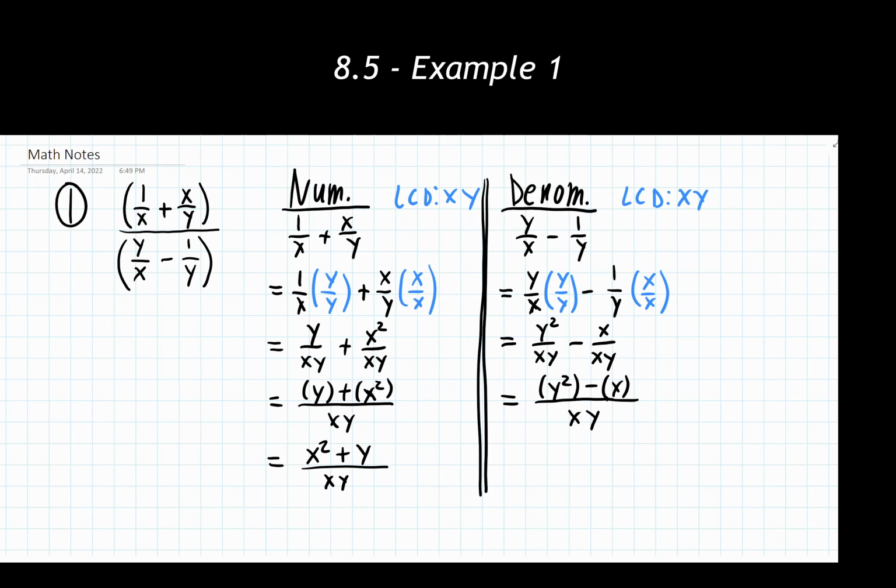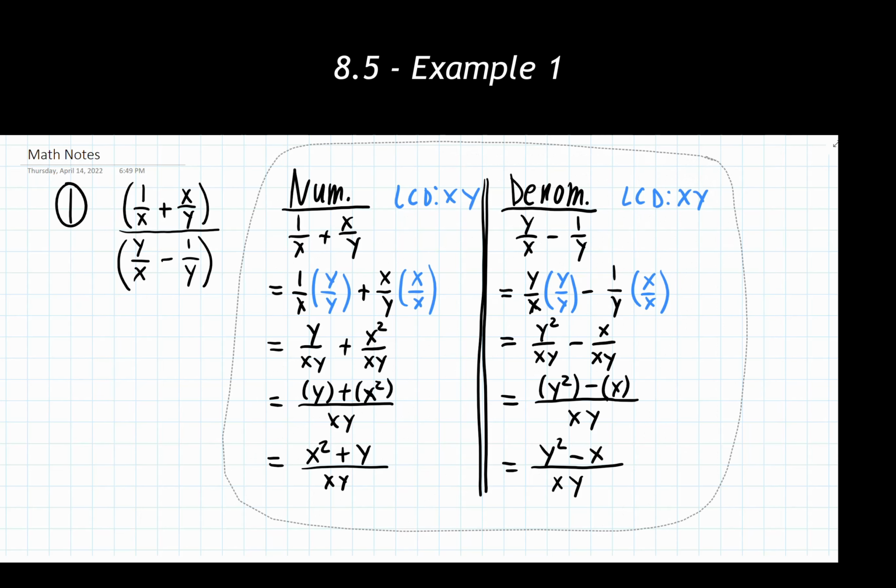I then look to see, is this negative sign going to distribute through to anything up top here at all? And all it's going to change is that x is going to become a negative. So not a whole lot. I'm going to get x squared minus y, y squared minus x, all over xy. And that's the most that I can do with my denominator of the original fraction. So I'm going to move this off to the side just so I have a little bit more space here.